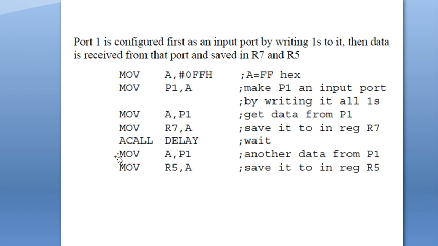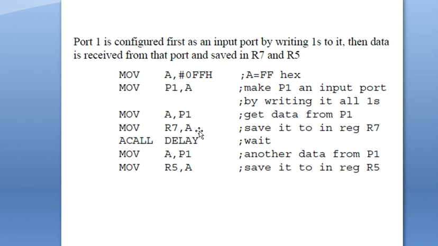Before it is taken from here to the subroutine program, it saves the address of the next instruction, this MOV A, P1, to the stack memory, and once the subroutine has executed, it retrieves that address from the stack memory and executes from here again, and all the further instructions.